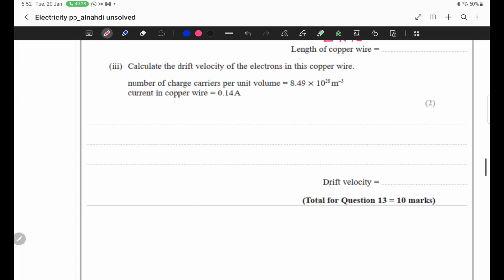Now the last part: calculate drift velocity. For drift velocity, I equals n A v e, where n is the number density, 8.49 exponent 28.